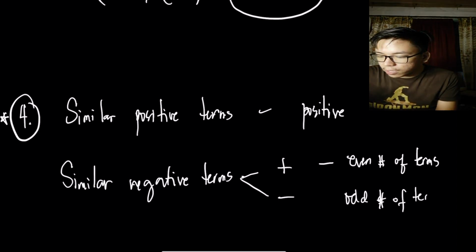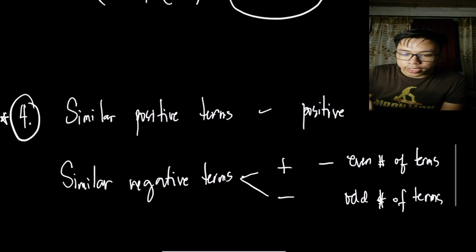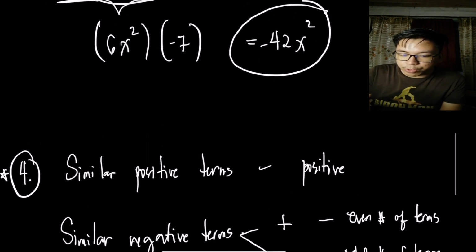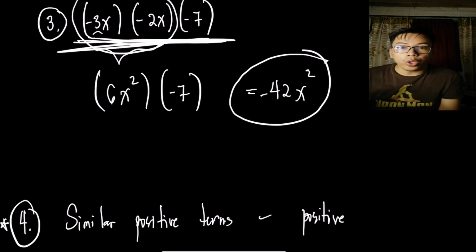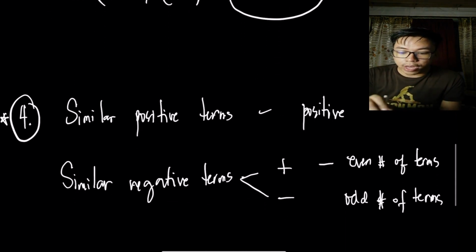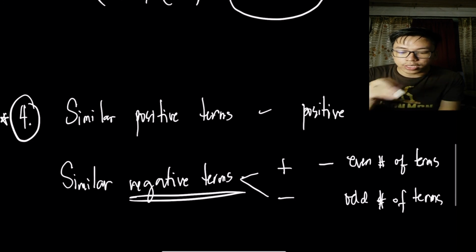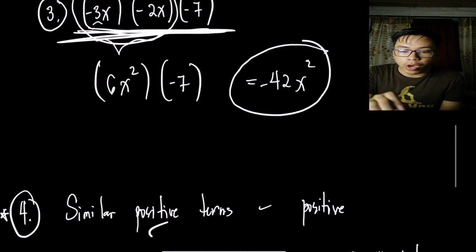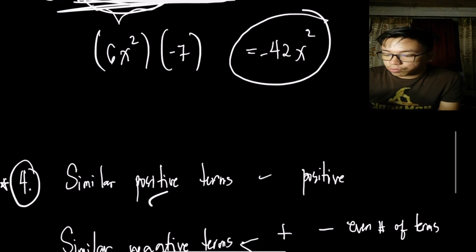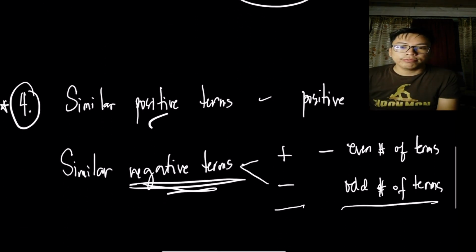Meaning to say that if you double check the previous example, they're all similar negative terms. So you follow this rule not on the first, this one here, but this one. But if you count the number of terms, 1, 2, 3, so 3 is odd. So odd, that's negative.